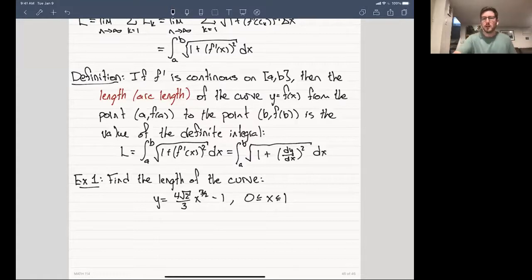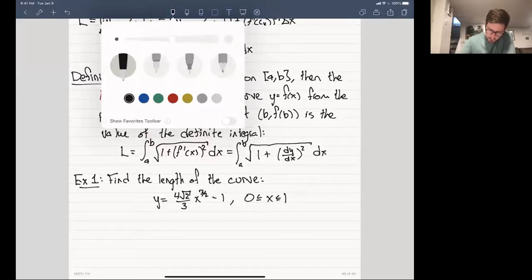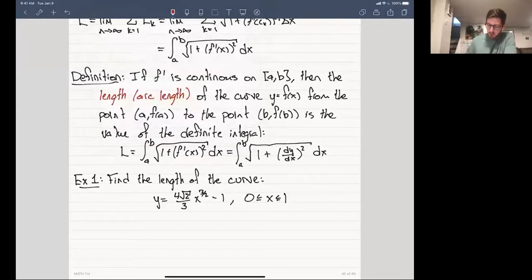Okay, so there are some kind of ugly numbers out front, but that's okay with us. Let's start tabulating the pieces that we know. We actually don't even really need to sketch this, right?